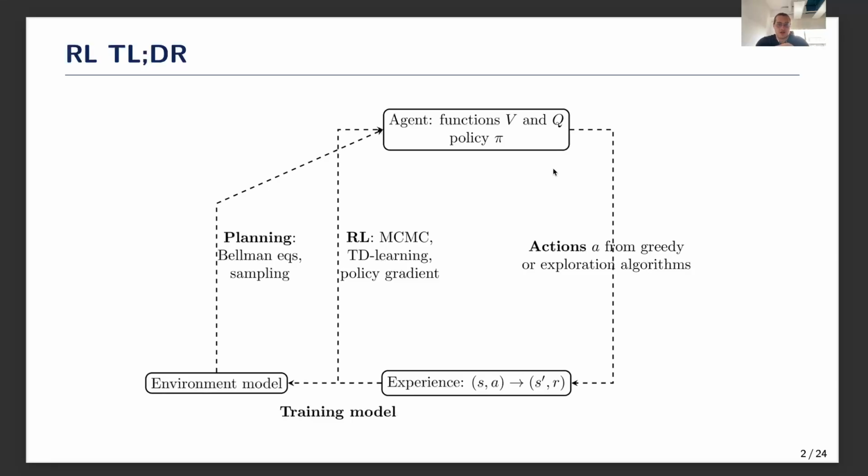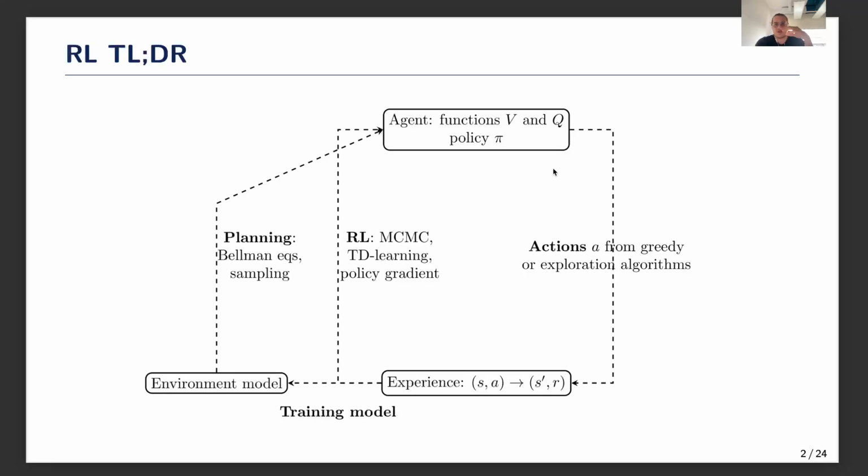Planning assumes that the agent has access to a model of the environment, either provided or learned. This model predicts the next state and reward given the current state and action. With this model, the agent can simulate future interactions and plan its strategy.